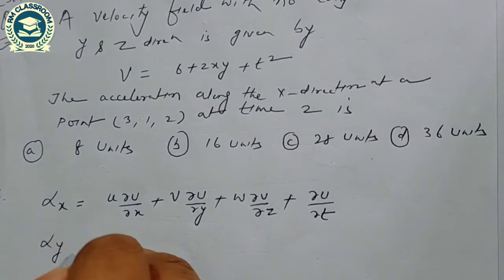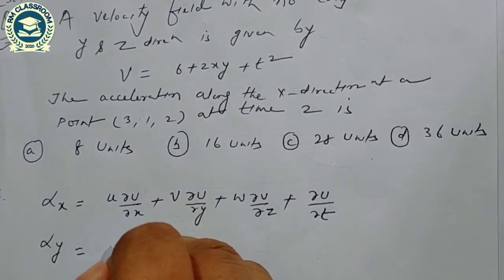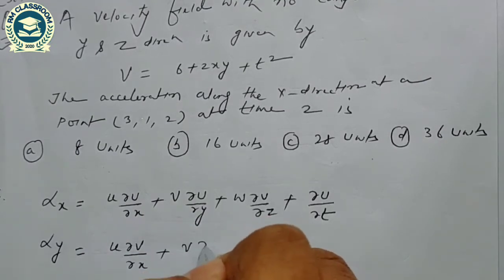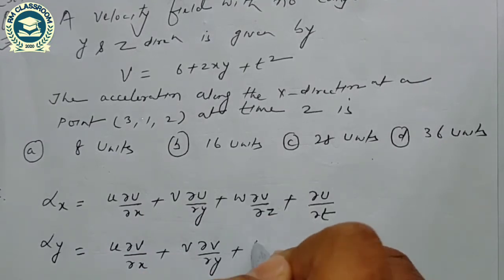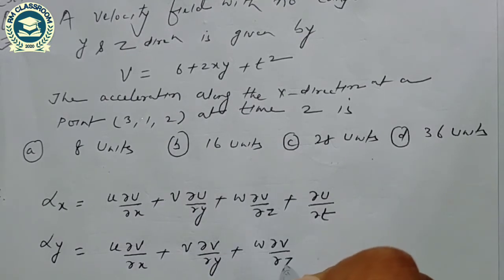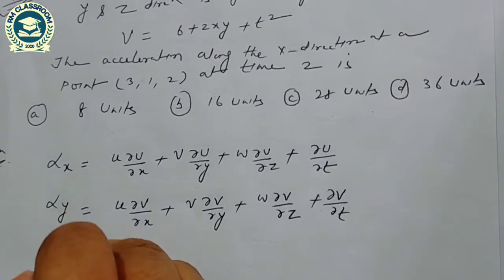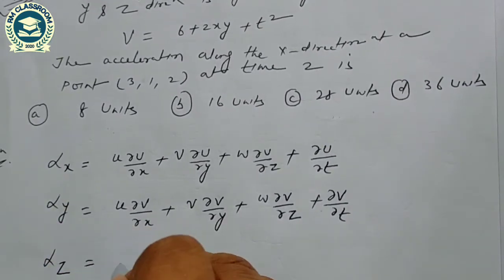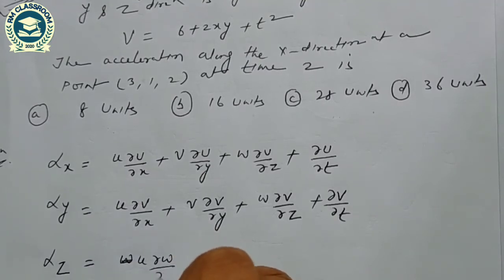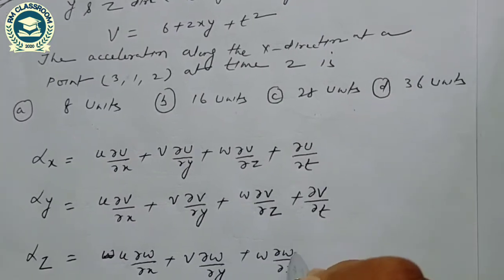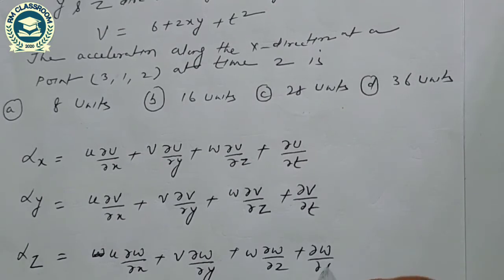Similarly, acceleration in y direction is u del v by del x plus v del v by del y plus w del v by del z plus del v by del t. And similarly, acceleration in z direction is u del w by del x plus v del w by del y plus w del w by del z plus del w by del t.